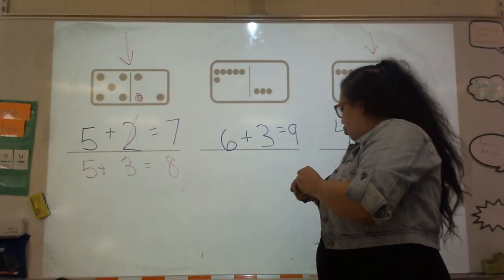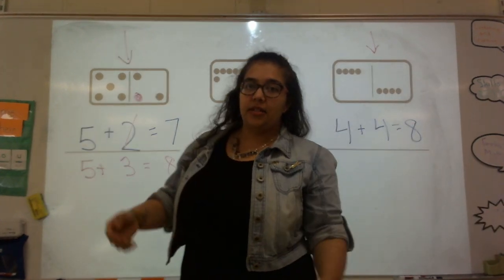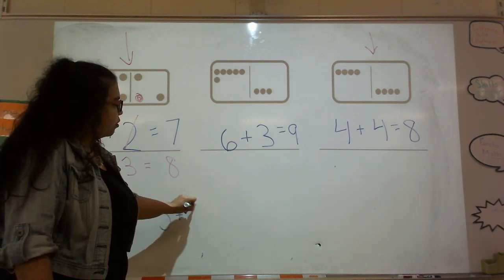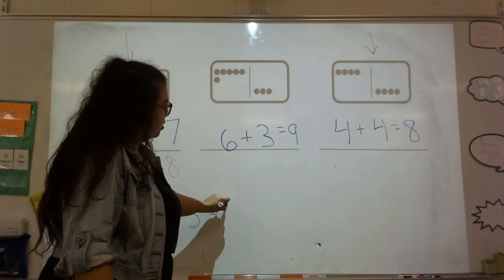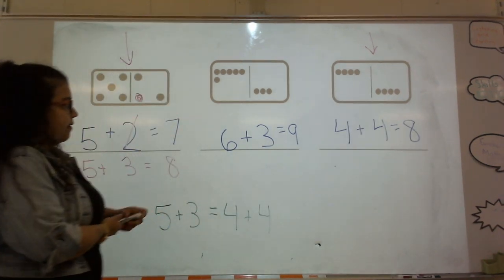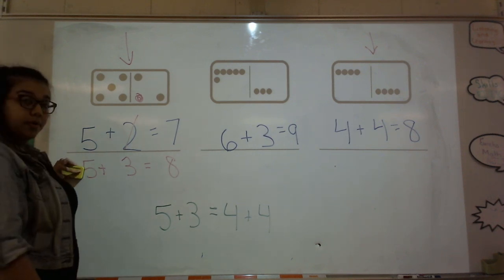So what would that newest number sentence be? A true balanced number sentence comparing 2 dominoes. 5 plus 3 is equal to 4 plus 4. Ah, you remember doing that?